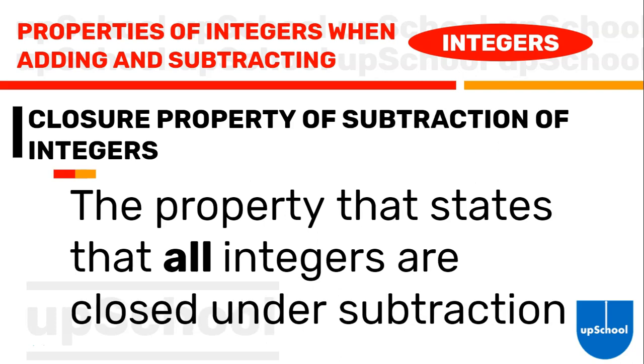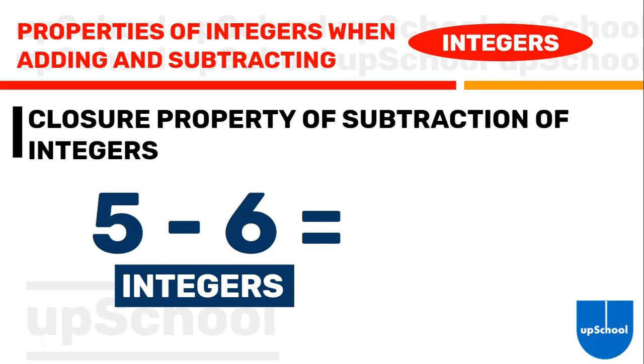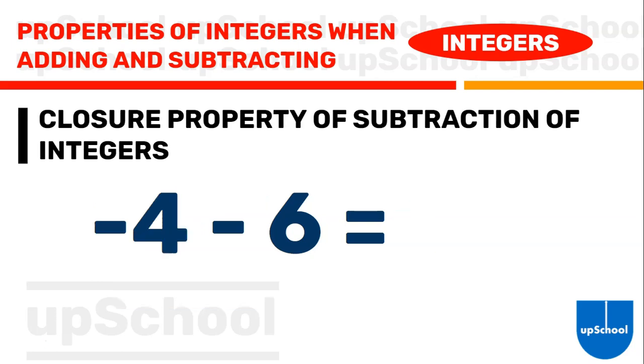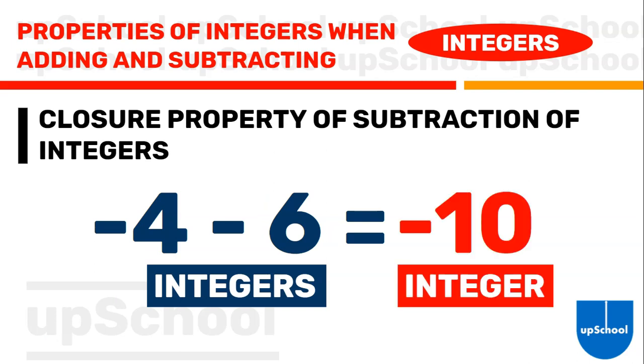So now let's learn about the closure property of subtraction of integers. This property states that all integers are closed under subtraction. What do I mean by this? Let's just do a couple of examples. This is sort of like the closure property of addition. When we subtract two integers, the answer is equal to an integer. And even if we do another example, by subtracting two integers, we always get an integer.